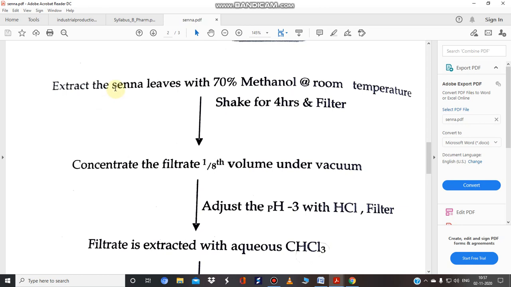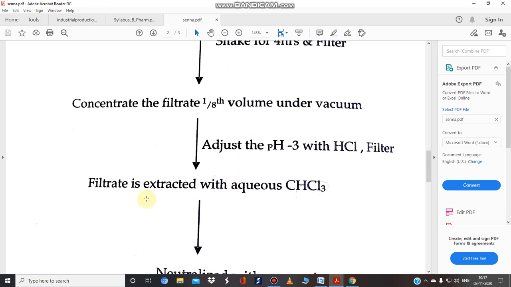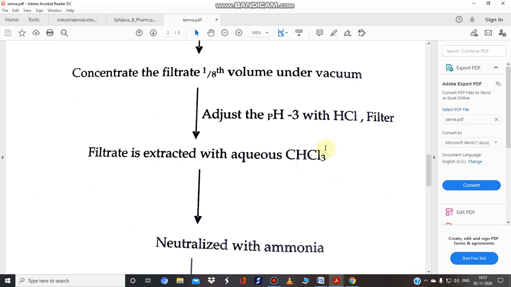Again, first of all, senna leaves are taken, extracted with 70% methanol, then concentrated up to 1/8 volume. We have to add HCl to maintain its pH. Then the filtrate is extracted with chloroform so as to obtain the senoside, because senoside has solubility in chloroform. I hope you remember about the glycoside. Generally glycoside contains two parts, glycone and aglycone.